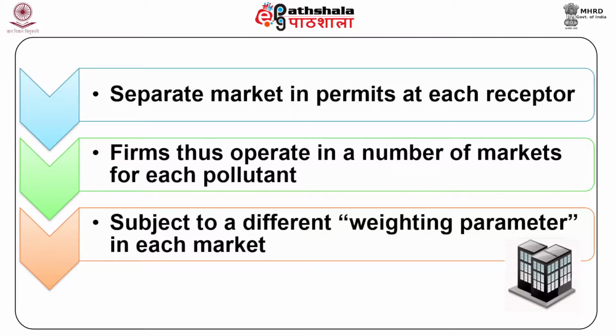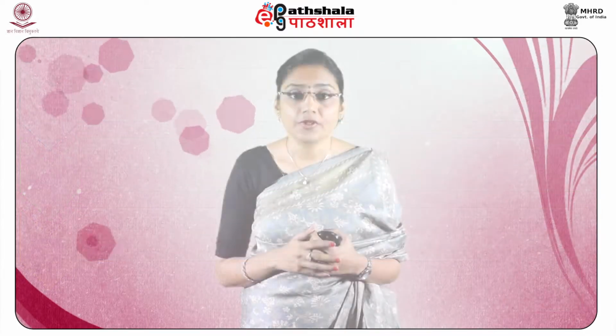Firms thus operate in a number of markets for each pollutant and are subject to a different weighting parameter in each market. The assembling of the requisite portfolio of permits could become quite complicated and may hence enhance the transaction cost. The ambient permit system may also result in an increase in the long range transport of pollutants.